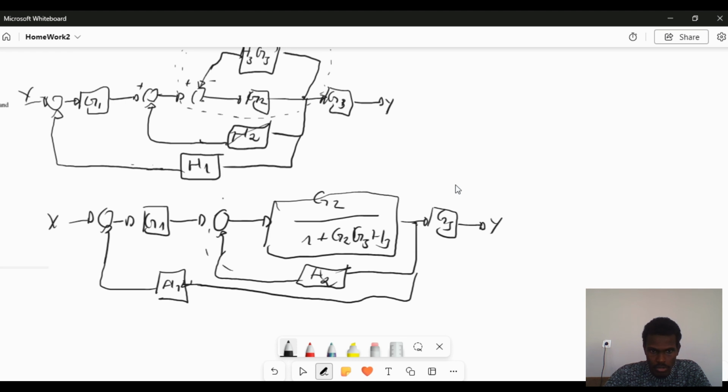So this one, and we can calculate it like this.